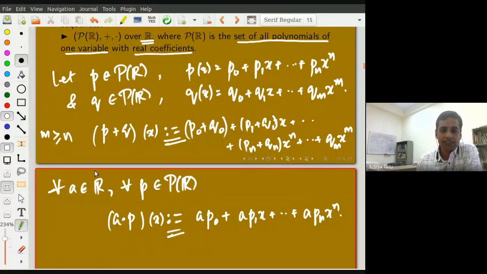So with these two binary operations defined in this way, it should be fairly easy to show that the set of all polynomials satisfies all the vector space axioms. Once you do that, again, every polynomial can be thought of as a vector.